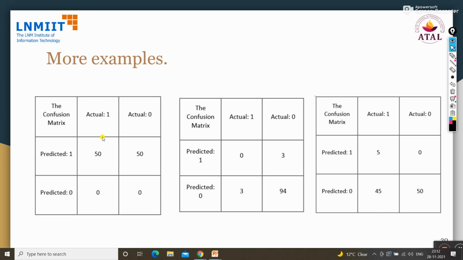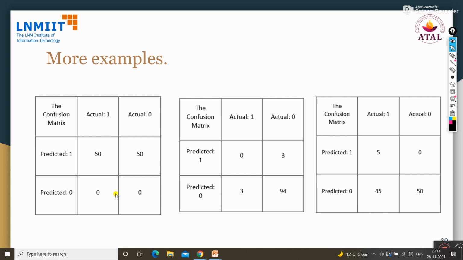Let me take one more example over here. He used to ask so many questions from this matrix. I can recall which matrix defines the perfect model. The confusion matrix is like this.